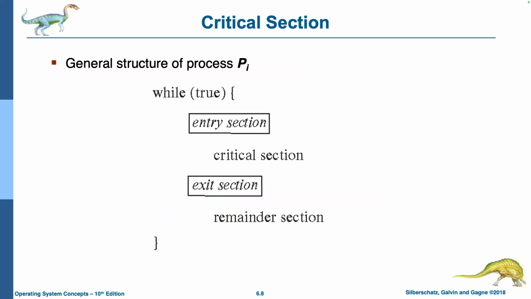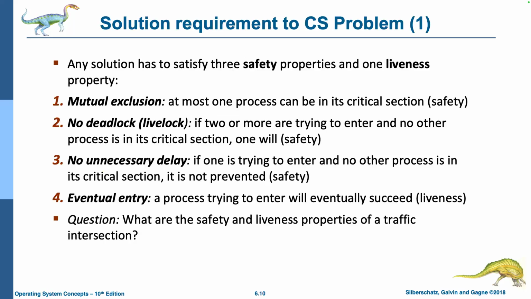Every time the process enters the critical section, and then exits the critical section and goes to the remainder section. Critical section means only one process or thread can enter this critical section. This will solve the data racing problem.